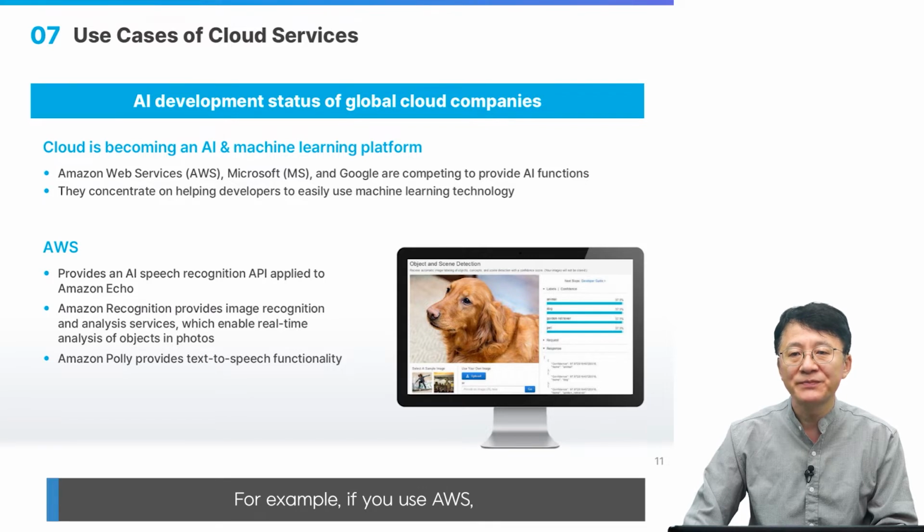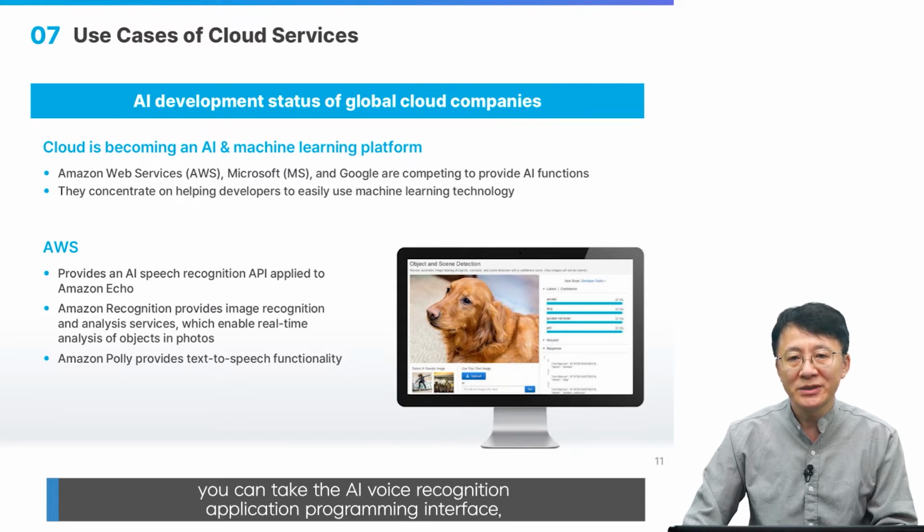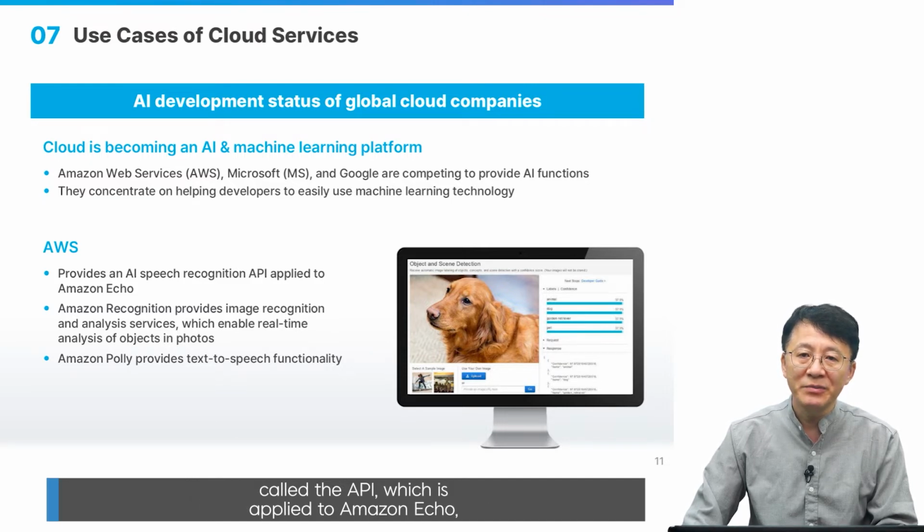For example, if you use AWS, you can take the AI voice recognition application programming interface called API, applied to Amazon Echo and apply it to your own application. AWS has released 3 machine learning APIs: image recognition, text-to-speech conversion, and natural language recognition.